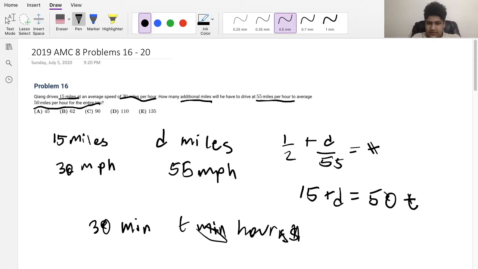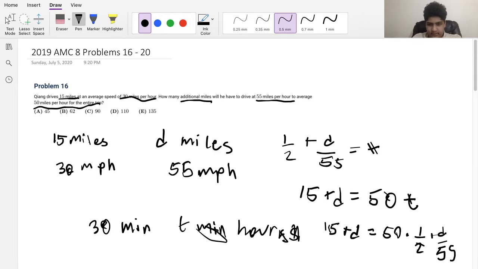So we have 15 plus d equals 50 times 1/2 plus d over 55, in parentheses.